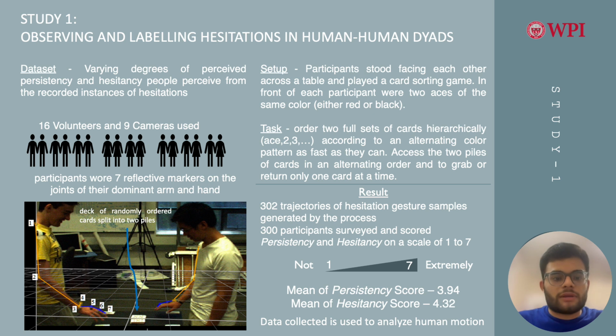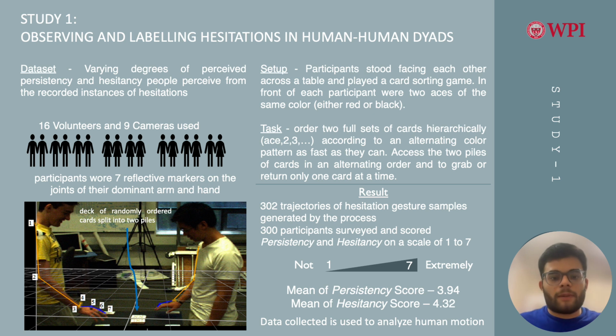The participants surveyed recorded a persistency and hesitancy scale of 1 to 7. That is, each participant viewed the videos of the 302 trajectories and rated the trajectories followed by the humans on a persistency and hesitancy scale of 1 to 7, in which 1 relates to not hesitant at all and 7 relates to extremely hesitant.